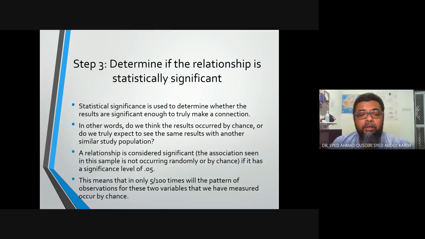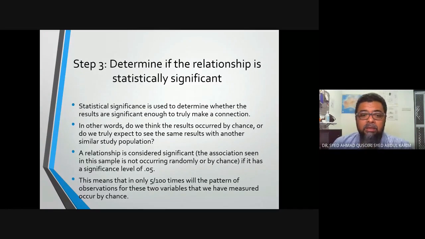Next is step 3, determine if the relationship is statistically significant. So we already know there is a relationship between those two variables, and it is a negative correlation. But we want to know, is it significant? Statistical significance is used to determine whether the results are significant enough to truly make a connection.